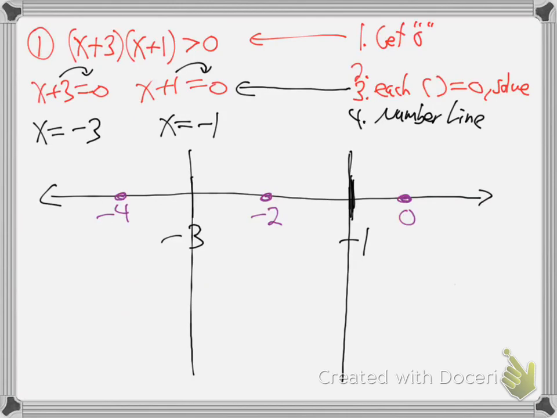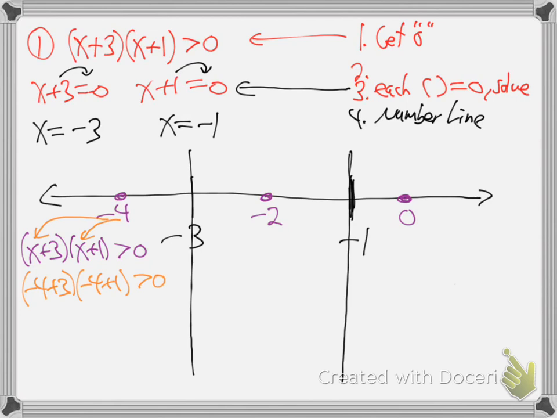So here we go. I'm going to plug into x plus 3, x plus 1 greater than 0. Plug in negative 4. What do you get? Negative 4 plus 3 times negative 4 plus 1 greater than 0. What's that? Negative 1 times negative 3 greater than 0. That's positive 3 is greater than 0.